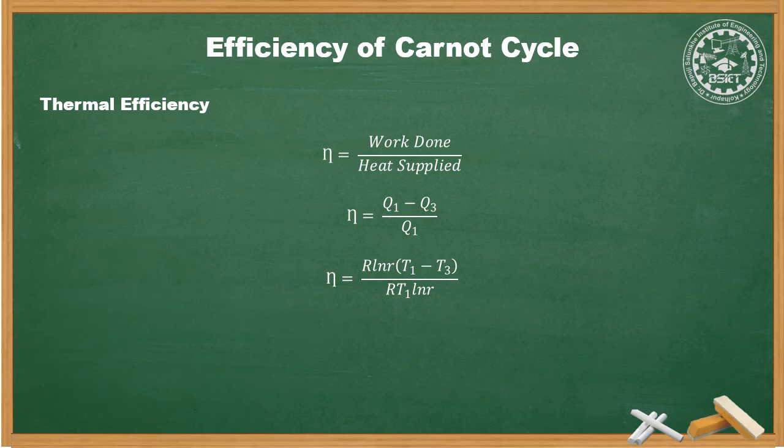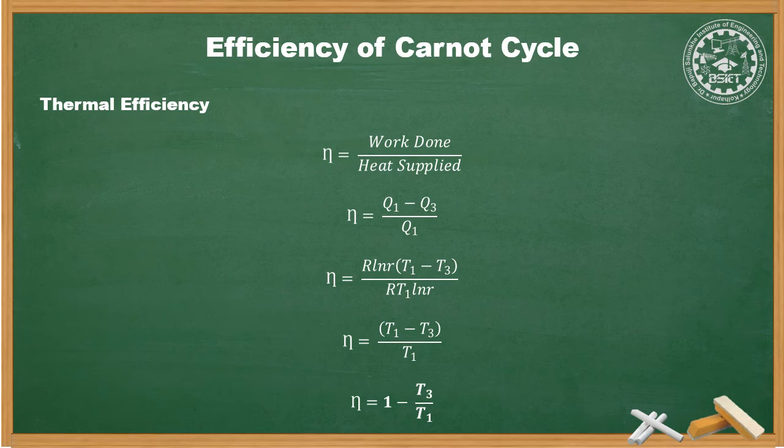Removing the similar values, that is R log r, we get efficiency is equal to T1 minus T3 upon T1. This can also be written as efficiency is equal to 1 minus T3 upon T1. This is the efficiency of the Carnot cycle.